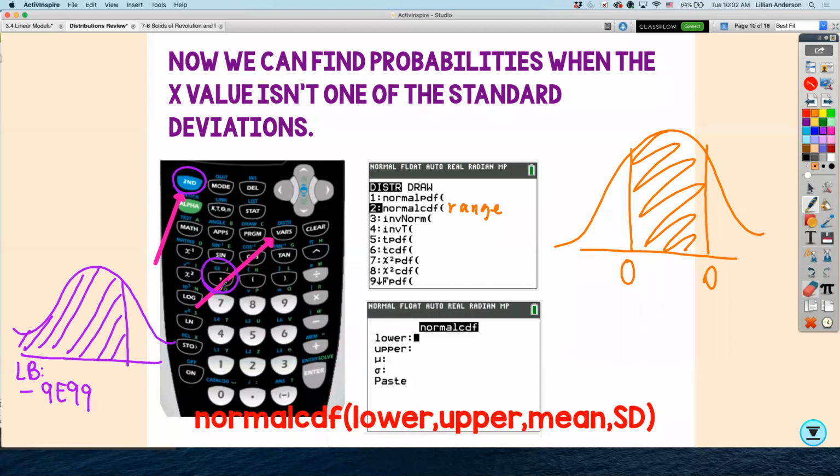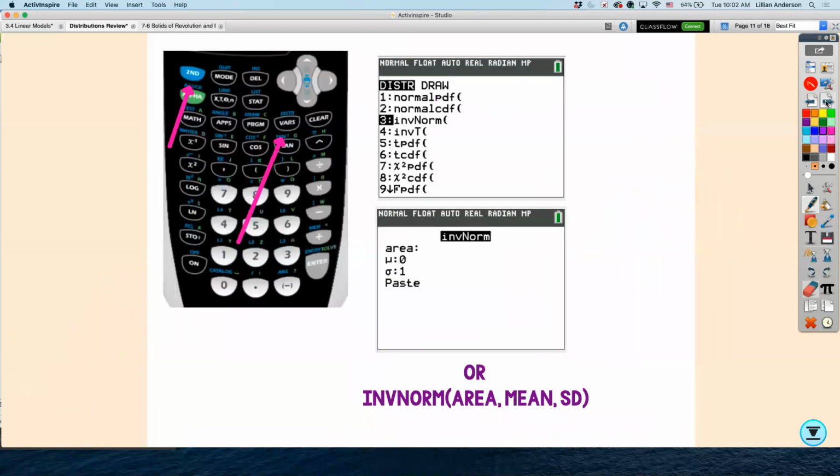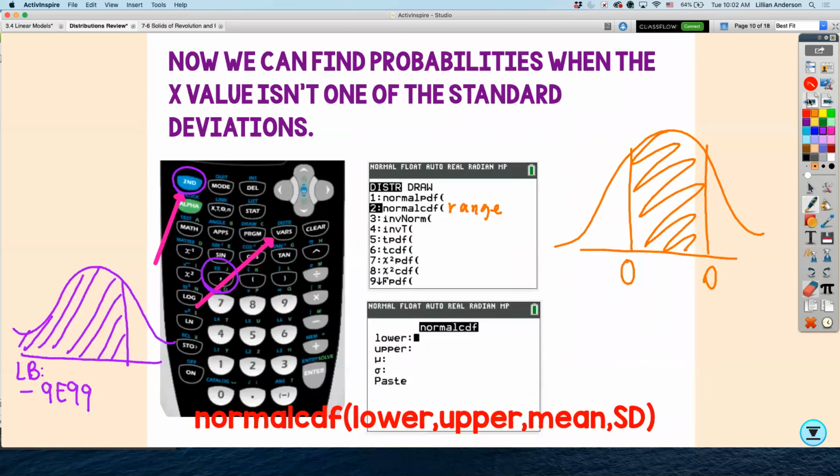Okay, and the same thing will work for an upper bound. When is the instance that you use the E? Whenever it was something like less than the value, because you wanted a really, really small number. The situation like what I drew in the orange, you would not involve the E because you would actually have a lower bound and then an upper bound that was bounded between two values.